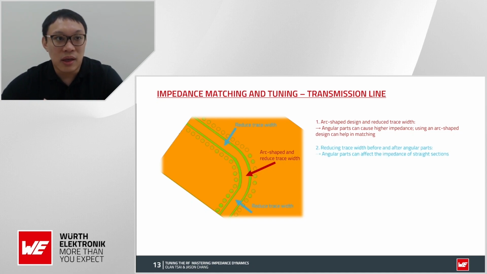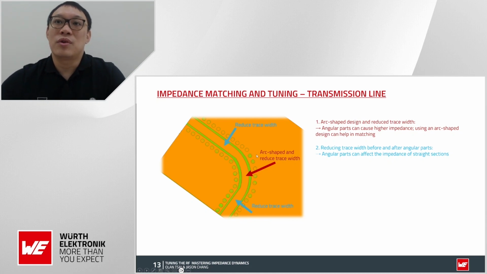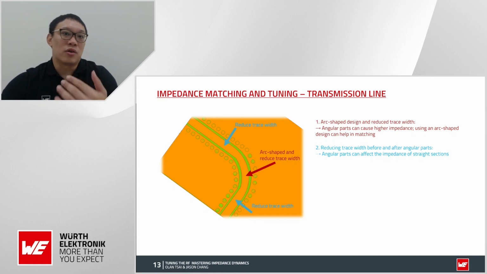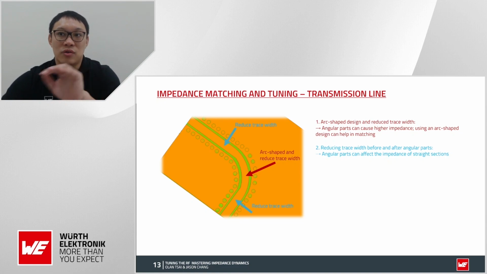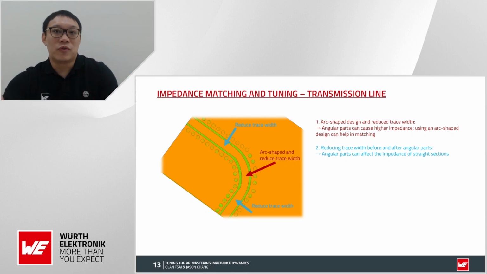The second thing you can do is try to change the path at the front and also at the back of the arc shape. Imagine that you are driving on the highway and your car is the signal that you're trying to get through pretty fast. When your lane is 2 lanes and it expands to 4 lanes, you don't want the road to suddenly expand from 2 to 4, right?